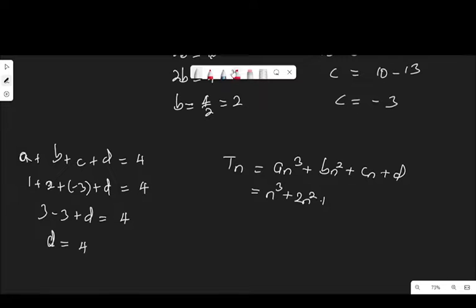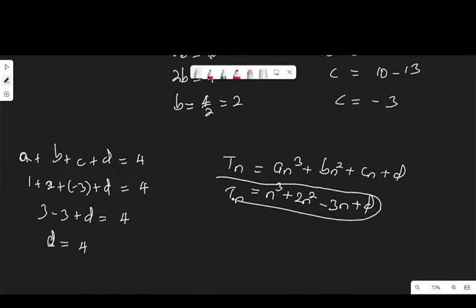C is minus 3. That is minus 3n plus D. So the nth term of this very sequence is n cubed plus 2n squared minus 3n plus D.